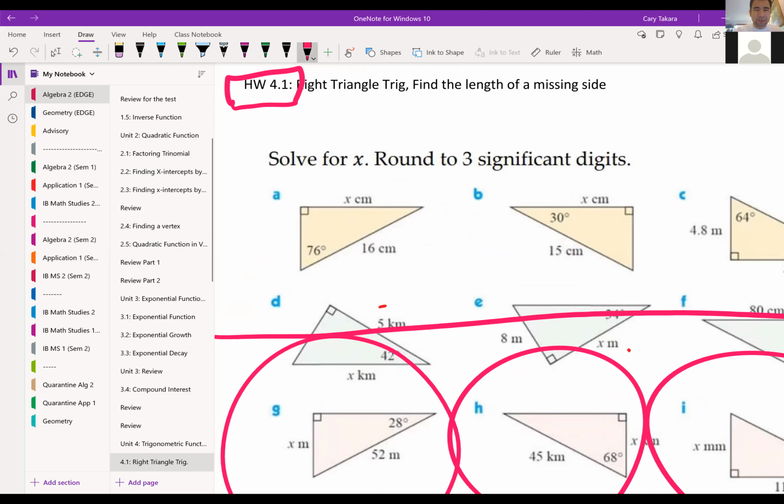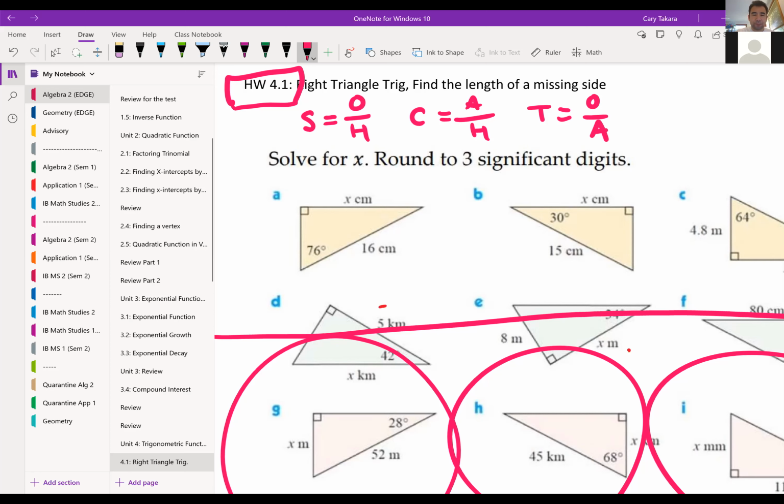But let's write it down too. SOH CAH and then TOA. I like to write SOHCAHTOA in this way. It's a little bit better for me in terms of what's in the numerator and what's in the denominator, right? But you need to be able to spell out SOHCAHTOA correctly, otherwise this does not help you at all, right?